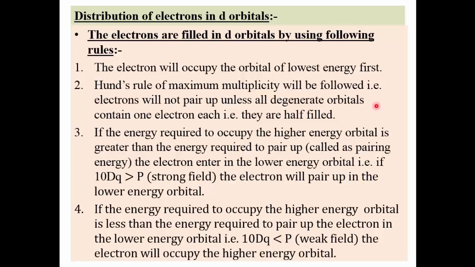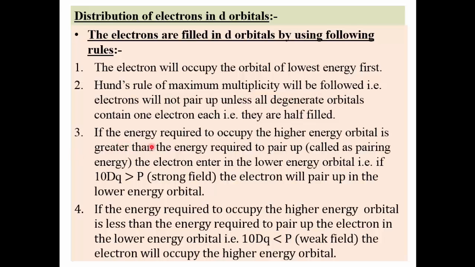The third electron does not pair up into 2px, that is, 2px2 2py1 is not the electronic configuration, but the electronic configuration is 2px1, 2py1, 2pz1. Followed? So Hund's rule of maximum multiplicity will be followed.